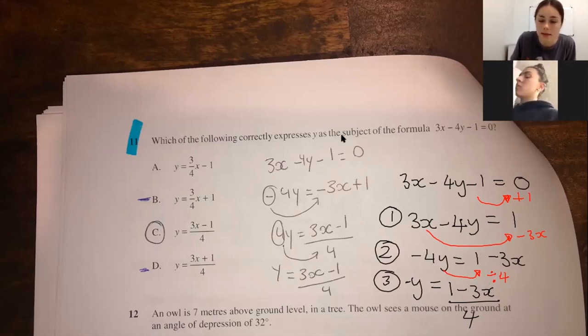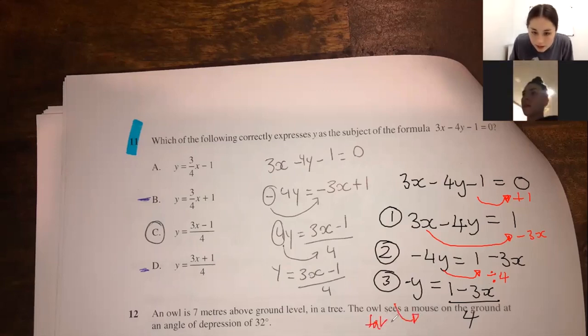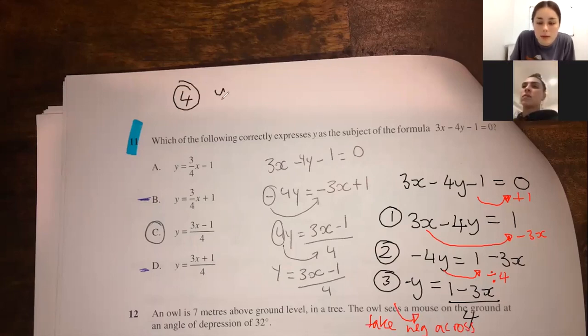Does that make sense? Yeah. So then y is negative 1 plus 3x over 4.